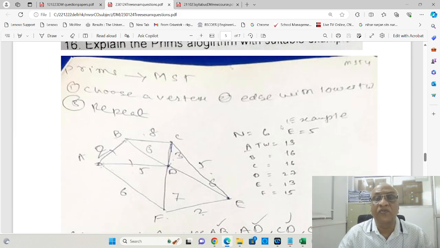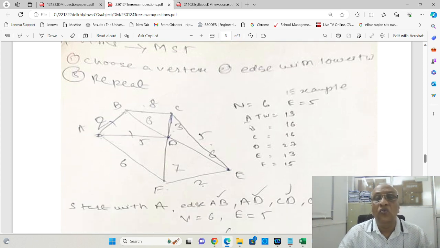The next algorithm for finding the minimum spanning tree is Prim's algorithm. What you have to do in Prim's algorithm is randomly select a vertex, pick any vertex. Then start with that vertex and find the total weight of that vertex. For example, for A the total weight is 13, then for B the total weight is 16.